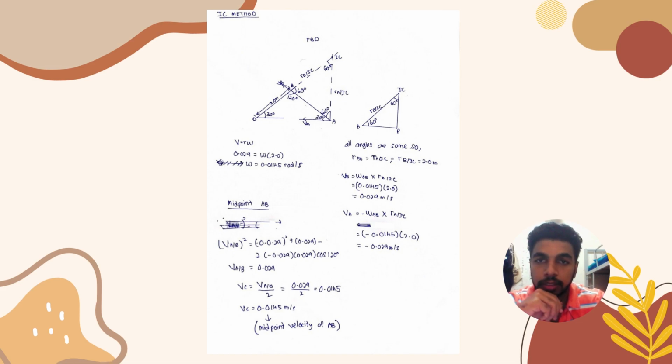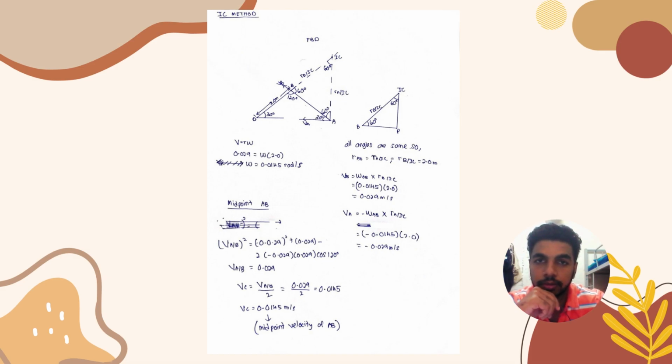This is the direction of VB and this is the direction of VA. As you see, this angle is 120 degree, so this angle should be 60. In a triangle, when one angle is 60, every angle will be 60, because the total of the angles of a triangle is 180 degree.